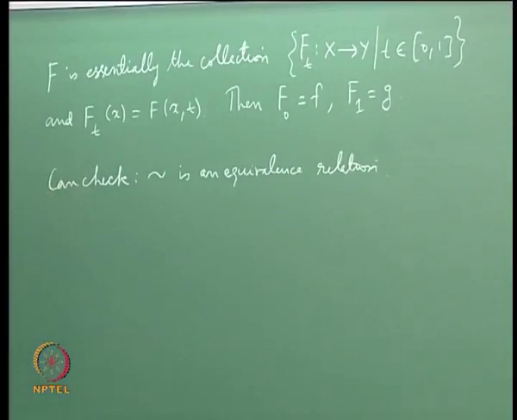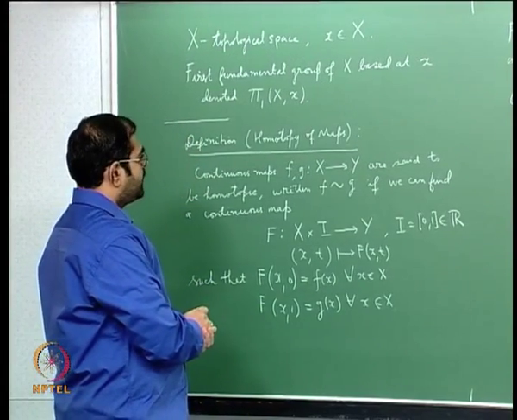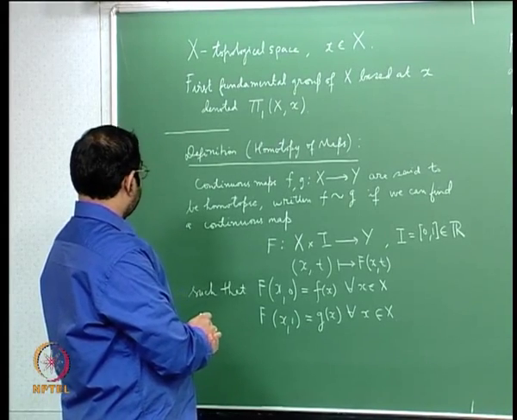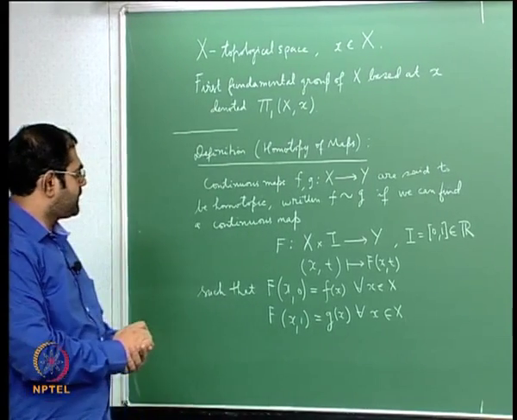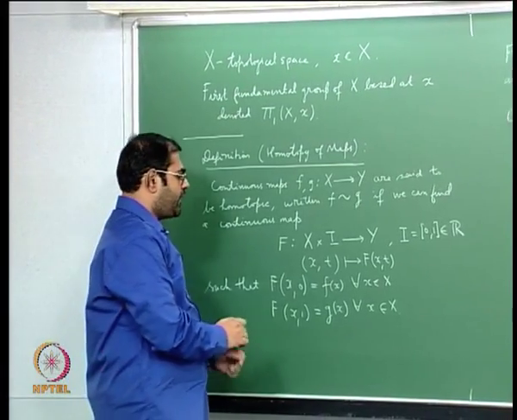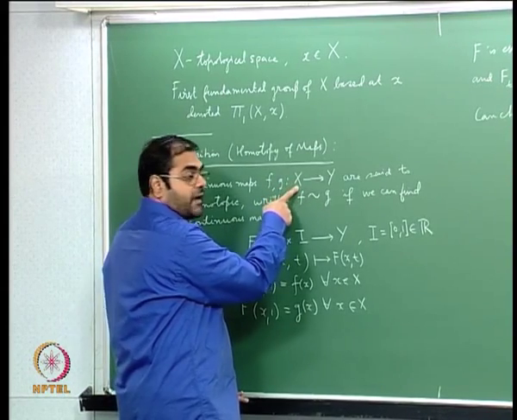Namely, you can check that it is reflexive, symmetric, and it is transitive. Okay, so now we adapt this to the situation when the maps are actually maps from I itself.